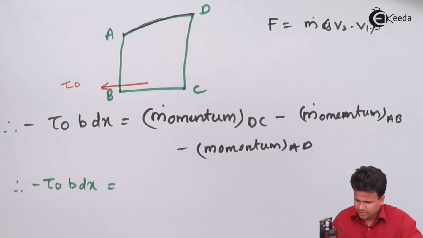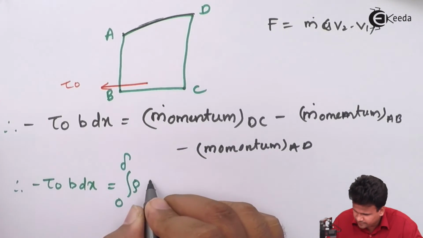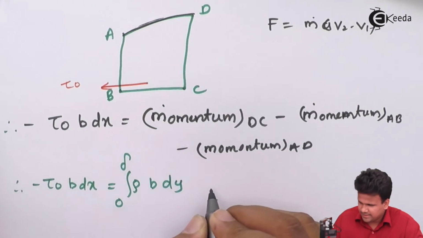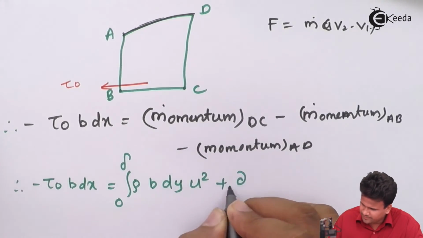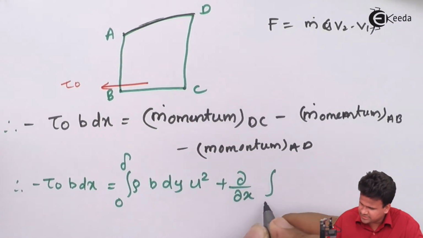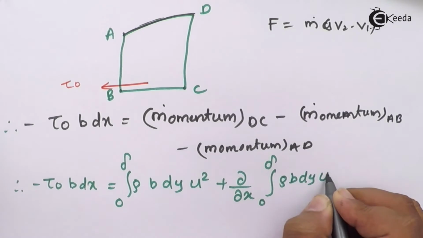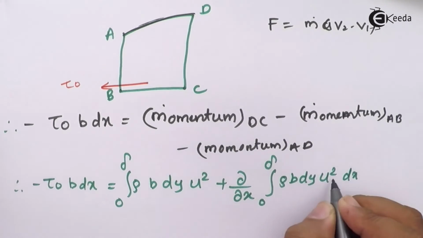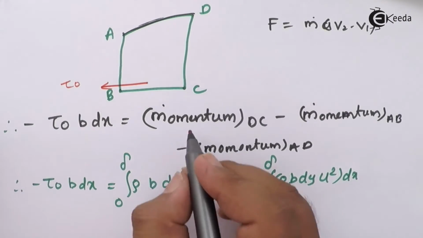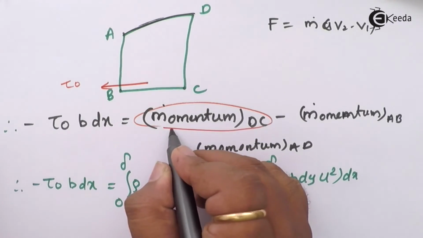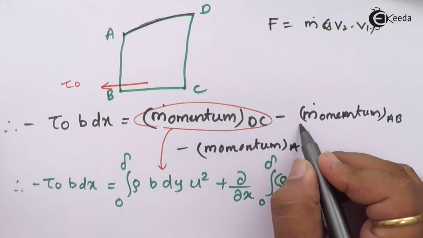This is rho integral 0 to delta rho b dy into u square, plus dou by dou x of integral 0 to delta rho b dy into u square, into dx. This is just the value of the momentum through DC.